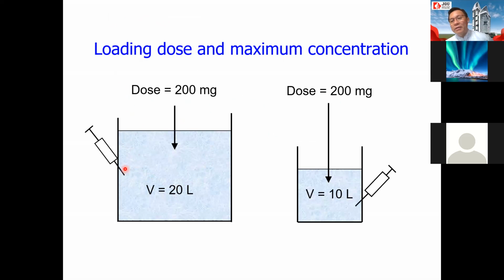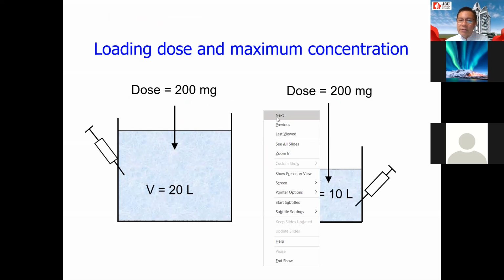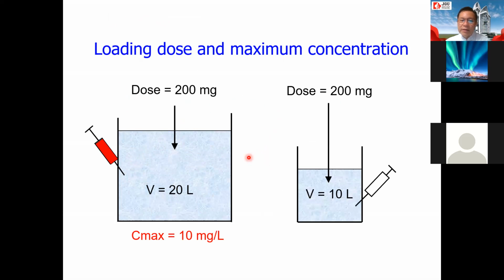The one compartment model: our body is considered as one container. If it is a big container like this, then the whole thing becomes the volume, right? So the CP, or concentration, is the dose divided by VD, correct?